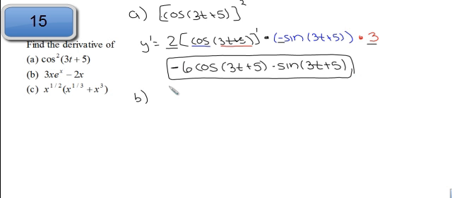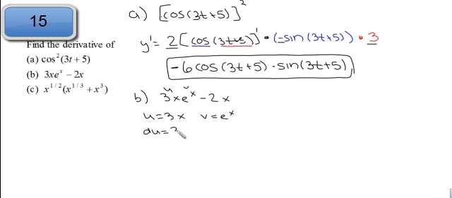Okay, part B. The derivative of 3x e to the x minus 2x. Okay, for this one, I'm going to have to use the product rule. So u is 3x, and v is e to the x.